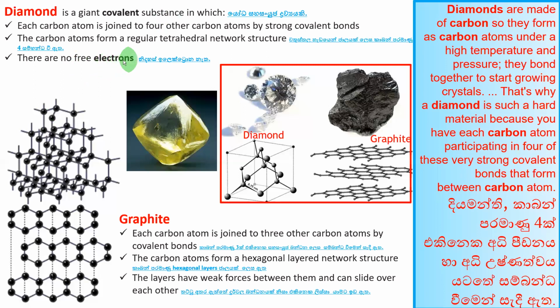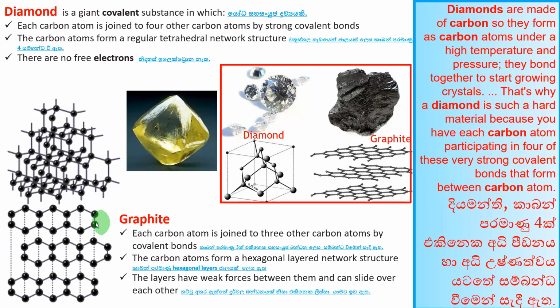There are no free electrons. All the electrons around the carbon atoms are satisfied with each other. So this is called diamond. Look at the tetrahedral connection. It creates this shape. It is called tetrahedral.